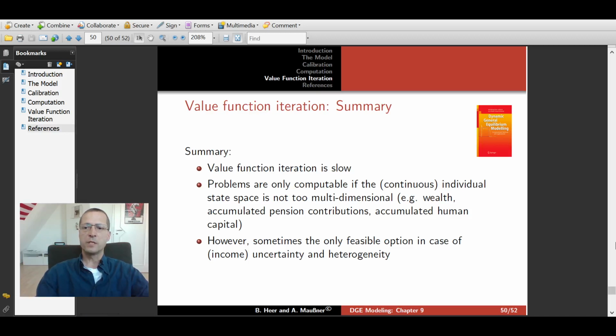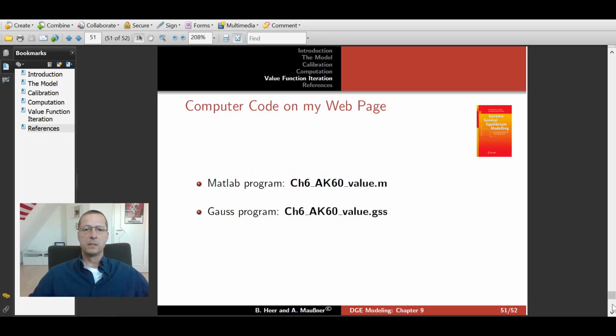So the code is stored in the MATLAB program chapter 6 ak60value.m, and in case you're using GAUSS, chapter 6 ak60value.gss. So this particular tutorial here is on the GAUSS version. If you're using MATLAB, please switch to the parallel video that considers the same exercise here, but using MATLAB.